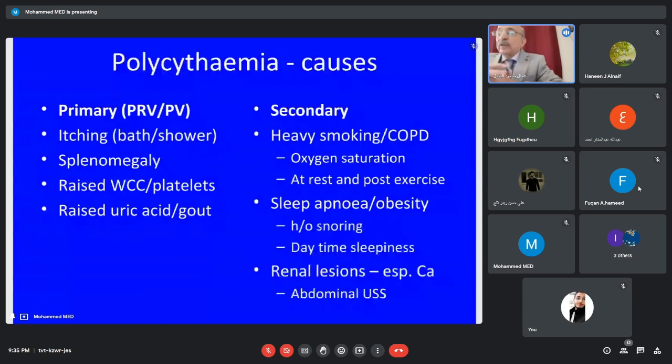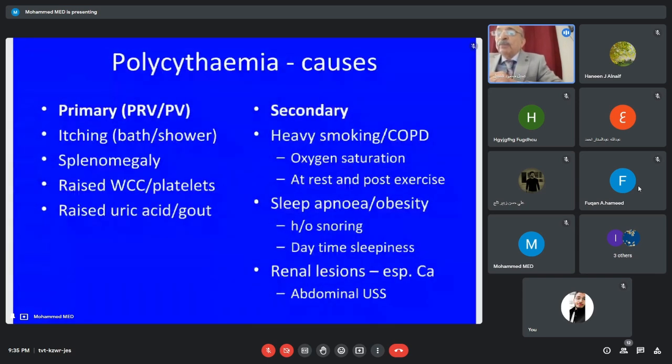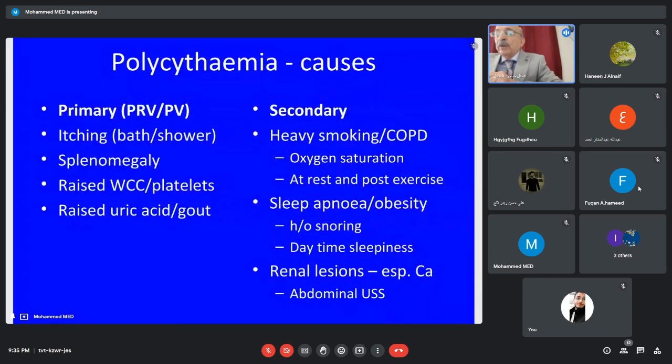The commonest cause of secondary polycythemia is COPD, chronic obstructive pulmonary disease due to smoking. Here you test the oxygen, and you will see that the oxygen saturation is low. You should check the oxygen saturation at rest and after exercise. Obese patients with sleep apnea syndrome, most of them are polycythemic.